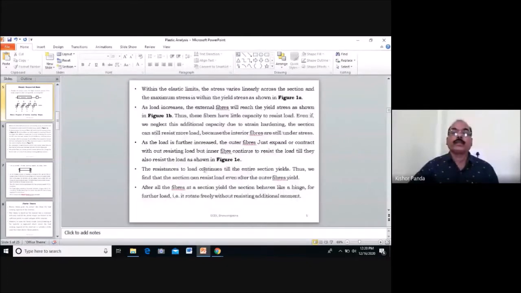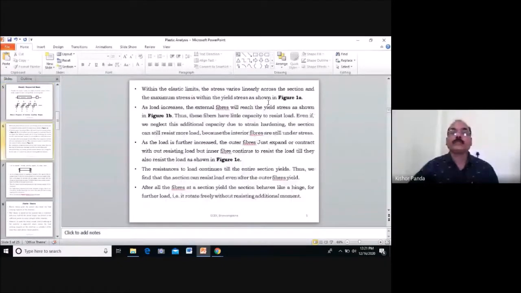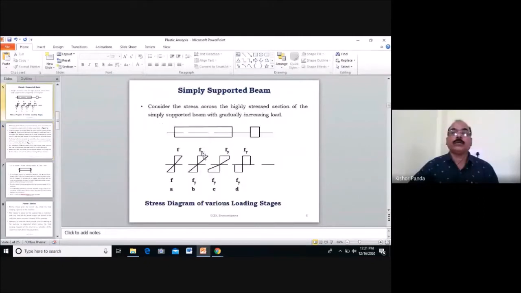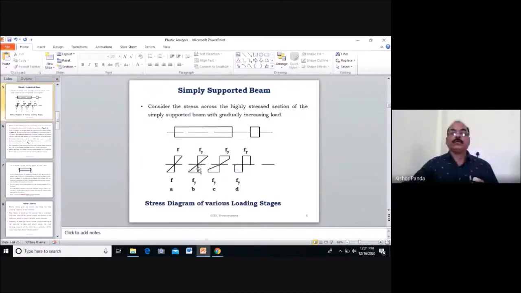As the load increases, the extreme fiber reaches the yield stress first, as shown in figure 1b. These fibers have little capacity to resist further load.